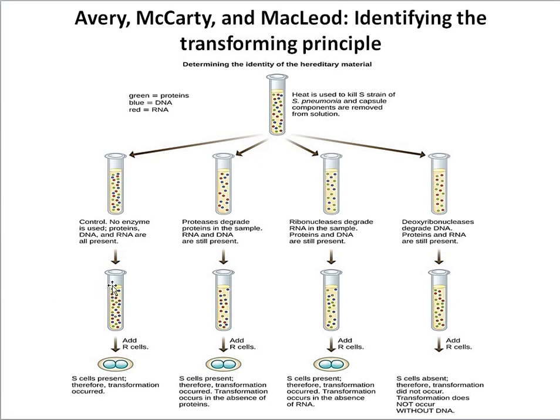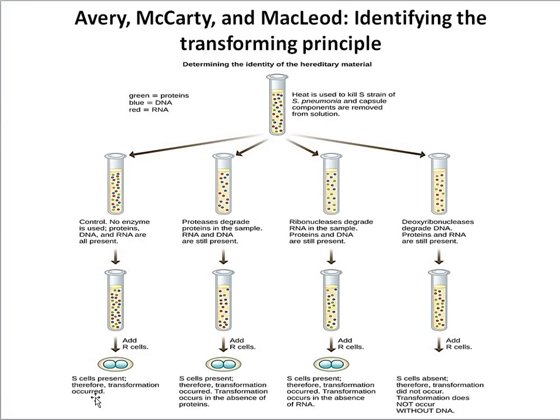Now what they did next is, these all four samples were added to the R cells. In the R cells' culture, these solutions were added separately. Where the untreated solution was added to R cells, the R cells were transformed to S cells.